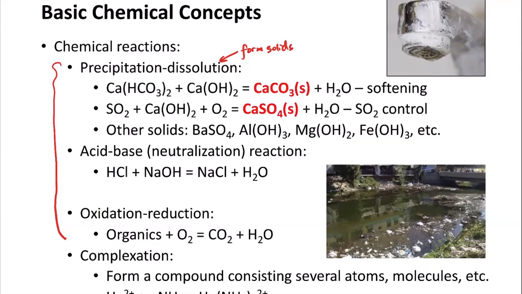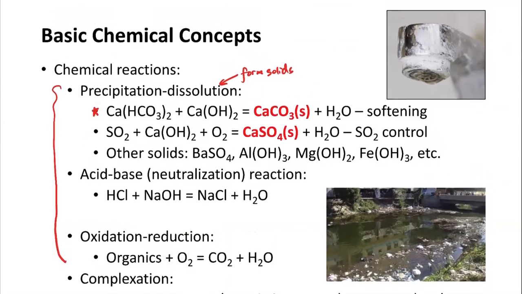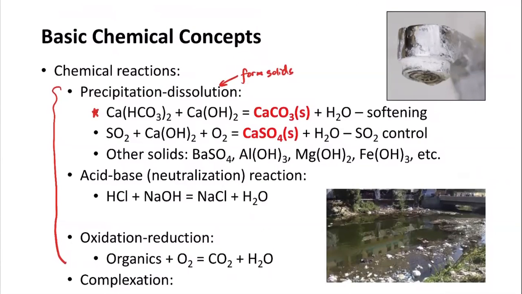One very good example in environmental engineering or water treatment is this reaction here. People rely on this reaction for a lot of drinking water treatment, okay? I guess most of us probably have seen this before, right? What I'm showing in this picture.